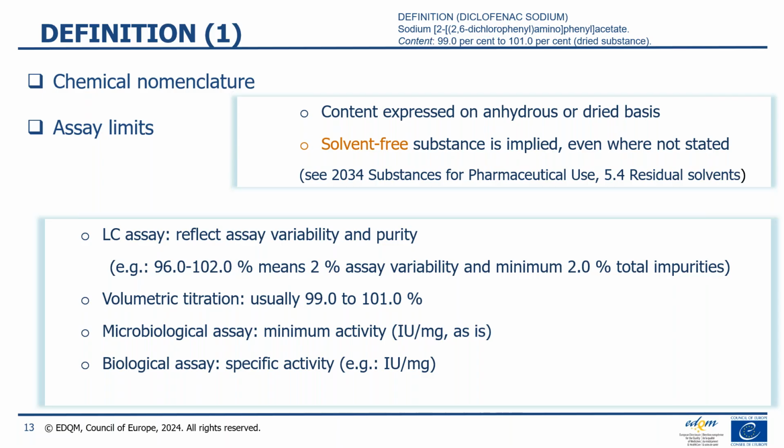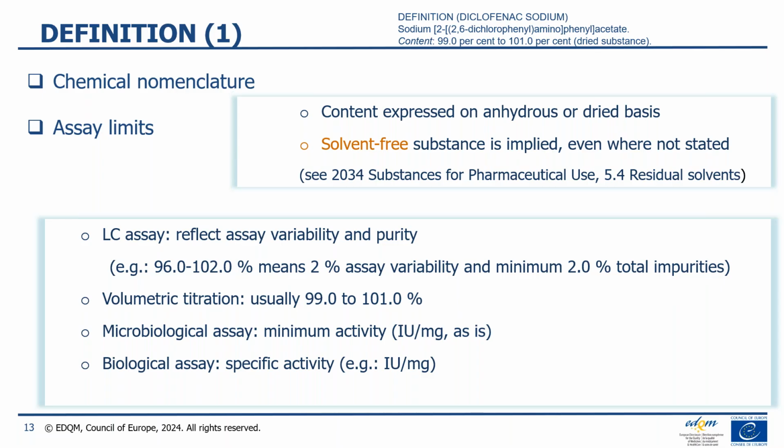The solvent-free substance concept is always implied, even if it is not stated in each and every individual monograph. This concept is covered by the General Monograph 2034, Substances for Pharmaceutical Use, and by the General Chapter 5.4, Residual Solvents.